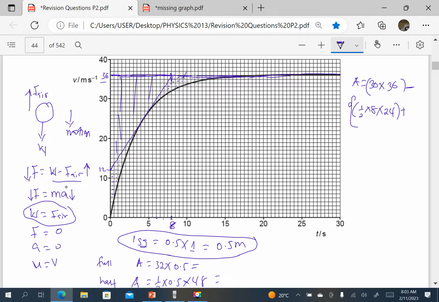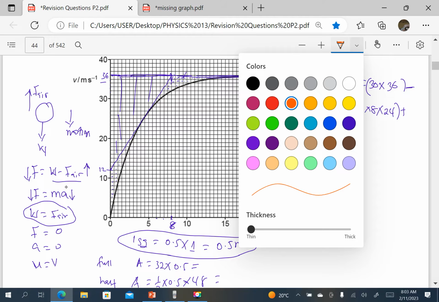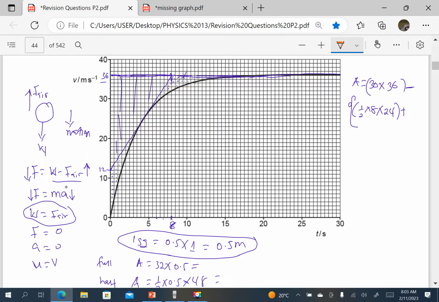Somebody would have preferred to say, okay, I will draw here a rectangle. Let me use a different ink. So you first draw a rectangle around here. Then you draw a triangle. So you first get the area of that shape.